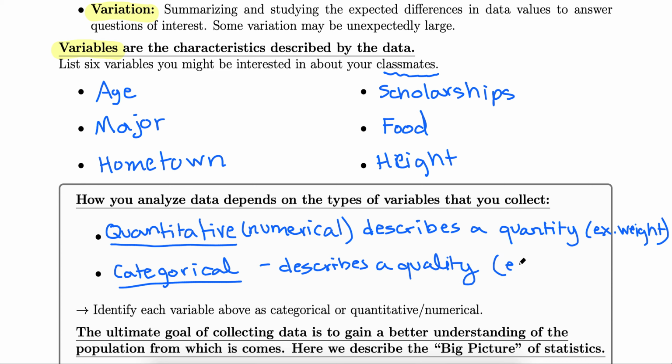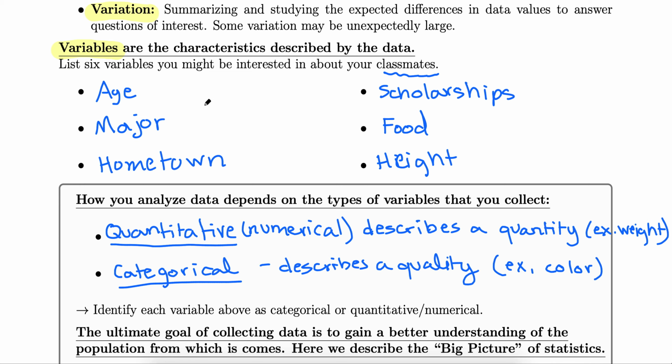So, sticking with the Pinewood Derby theme, an example might be the color of the Pinewood Derby car. Okay, so quantitative variables describe a quantity, might make sense to talk about averages there. Categorical variables describe a quality, and you might look at the proportions or percentage in each category group there.